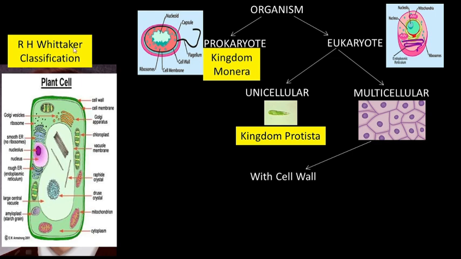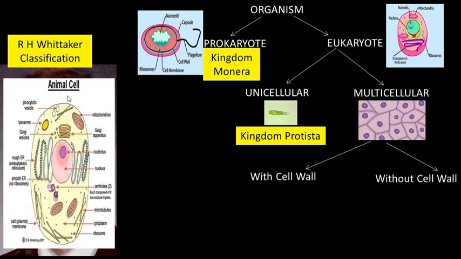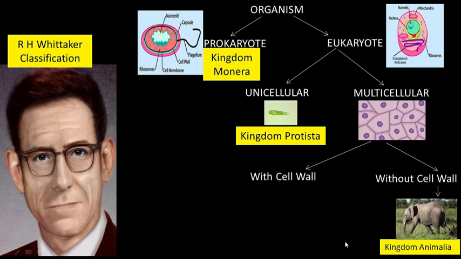Those with cell wall are typically the plants. So plants have this additional cell wall. The second category includes those organisms which do not have any kind of cell wall, like animal cells. So animals do not have cell wall, and they are classified under Kingdom Animalia.